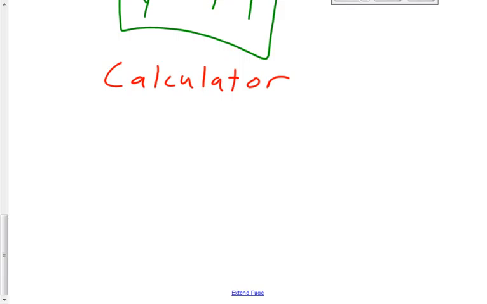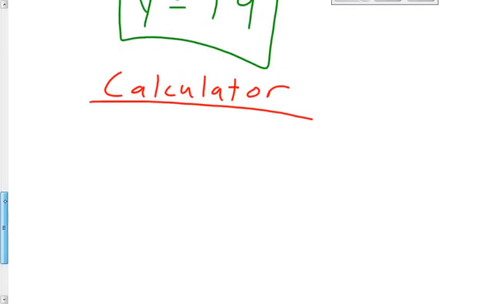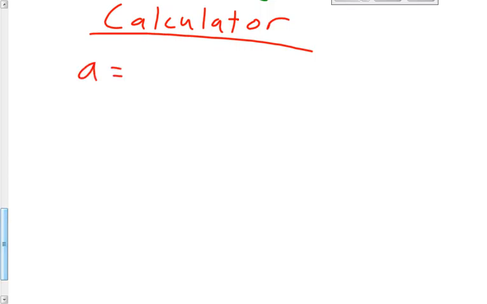Using our graphing calculator, we got our A value to be 1.938, and we got our B value to be a negative 0.866.